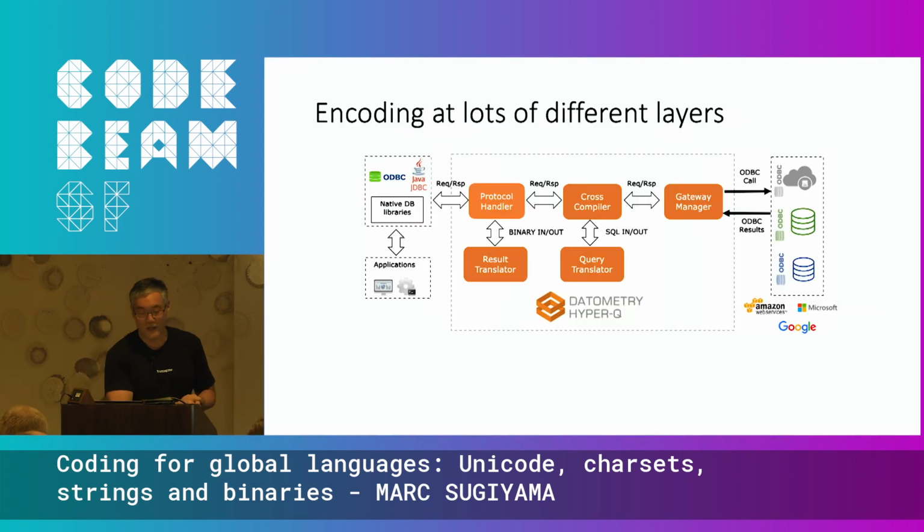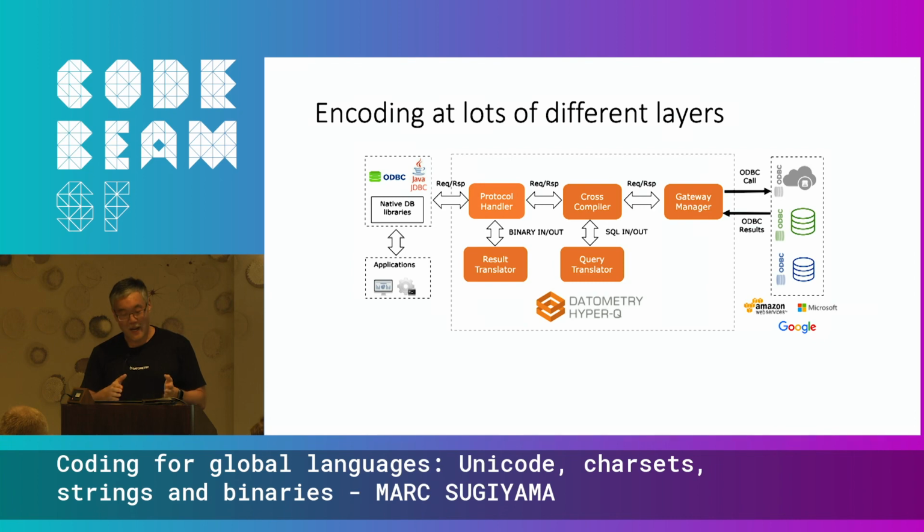So the other challenge is that if we look at this chart again, encoding happens at all sorts of different layers. So you have some database client like SQL Workbench or something. When it reads data in, it's using some encoding to show you the characters on the screen, right? So you have to figure out what that is. The ODBC driver that it is using may be encoding the data when it talks to us.